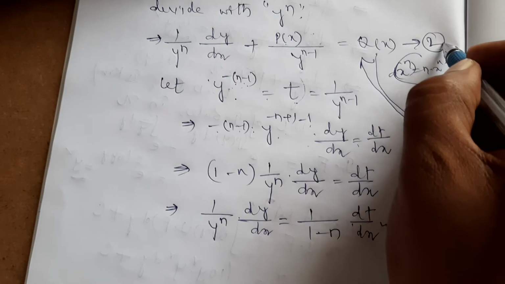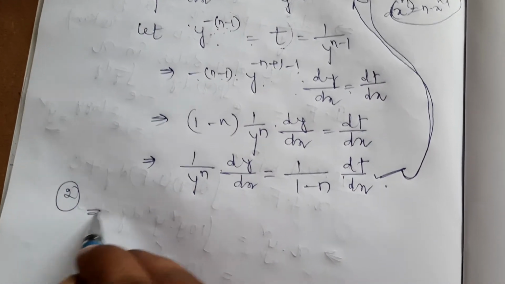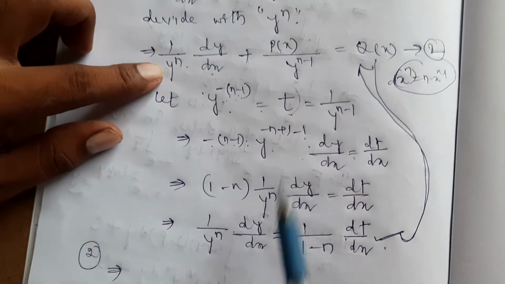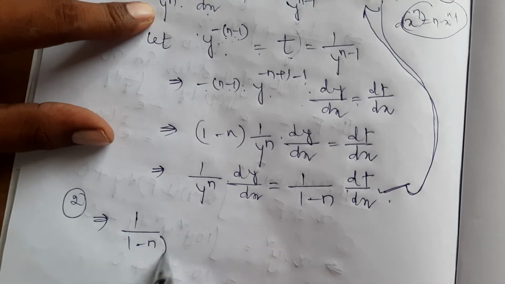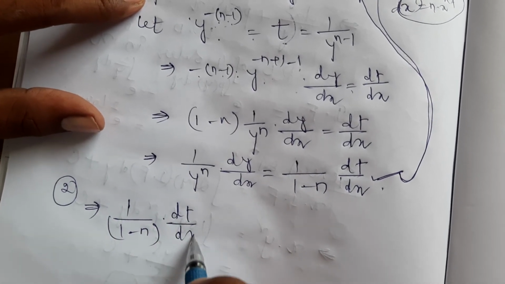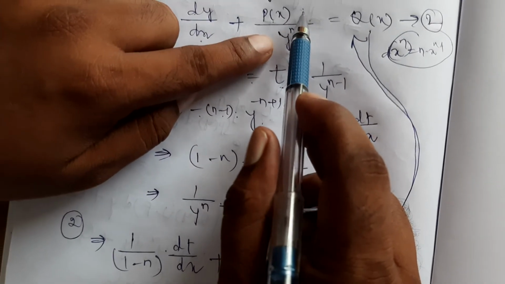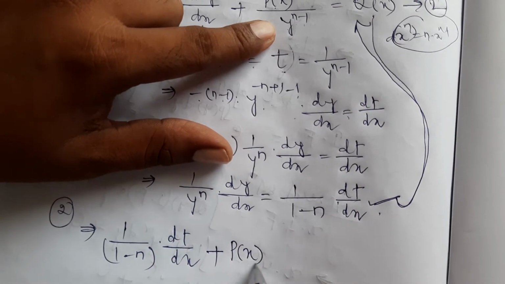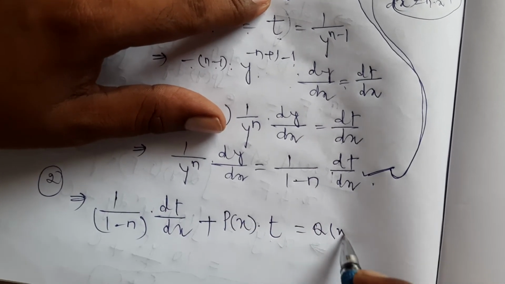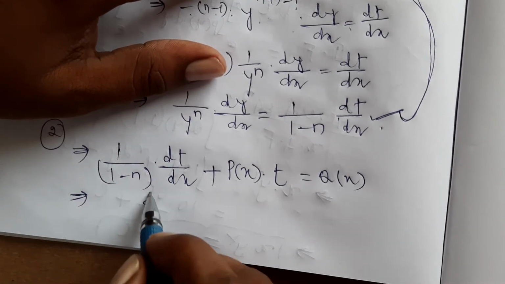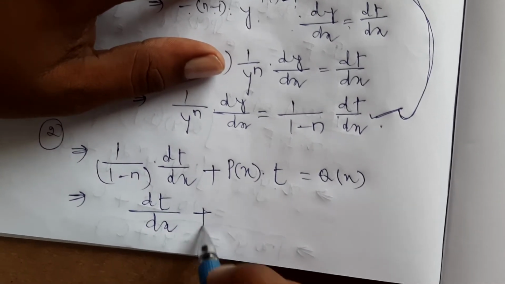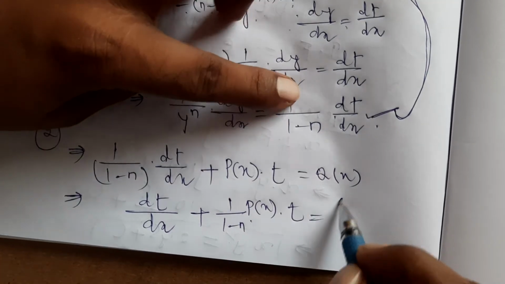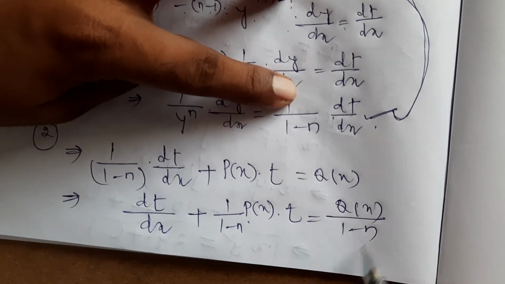Then equation number 2 changes like this: instead of 1 by y power n dy by dx, I can write 1 by 1 minus n into dt by dx plus p of x into t is equal to q of x. Means I can get dt by dx plus 1 by 1 minus n into p of x into t is equal to q of x by 1 minus n.